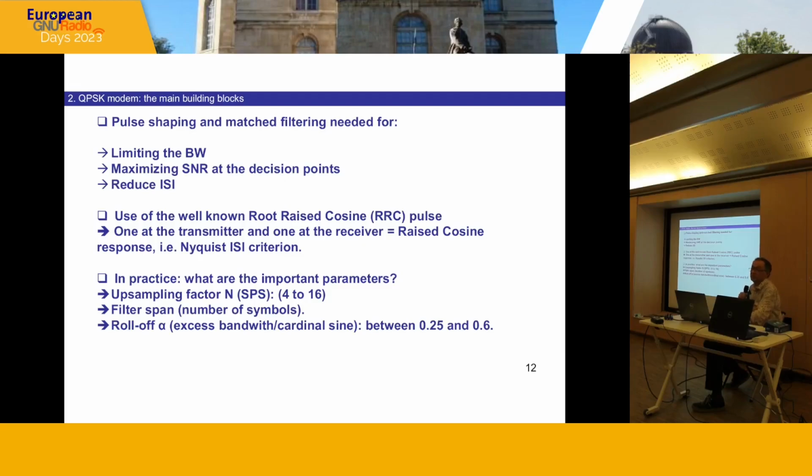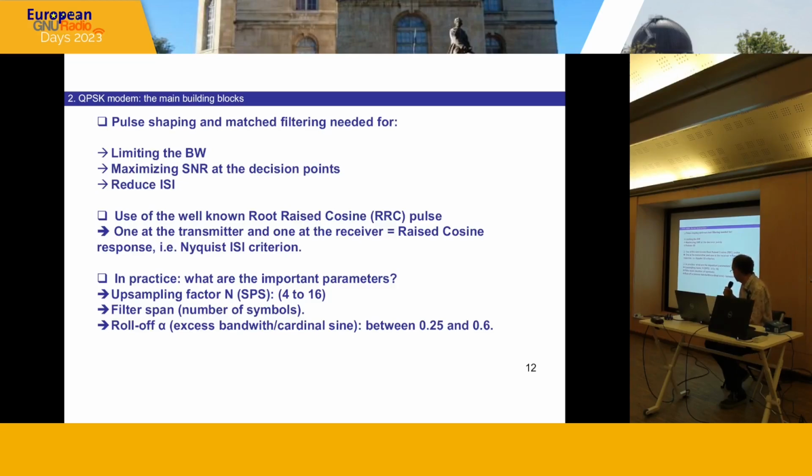For a classical PC it's okay, but if you want to go to an embedded system, it's too much. So there's another parameter called the filter span. The filter span is needed because your root raised cosine pulse is defined from minus infinity to plus infinity, so you have to limit it to a number of symbols. Practically it's around 8 to 12.